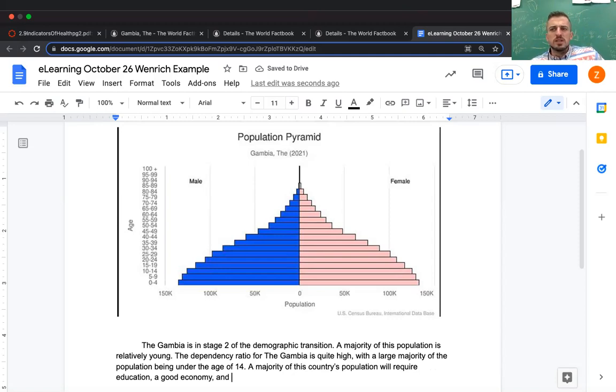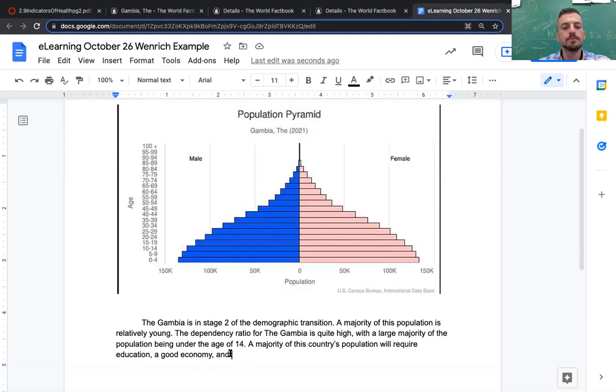What do young people need? Education, economy. I couldn't just say that. How about a good economic future to maintain a healthy population?